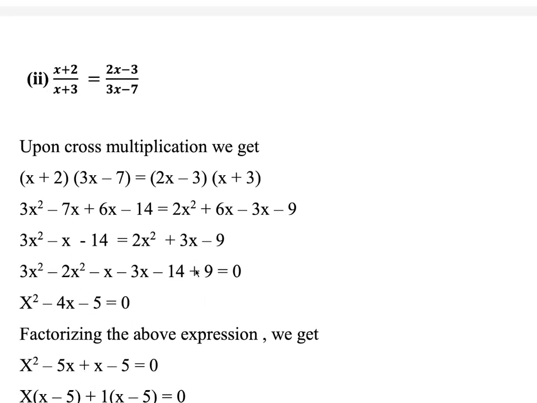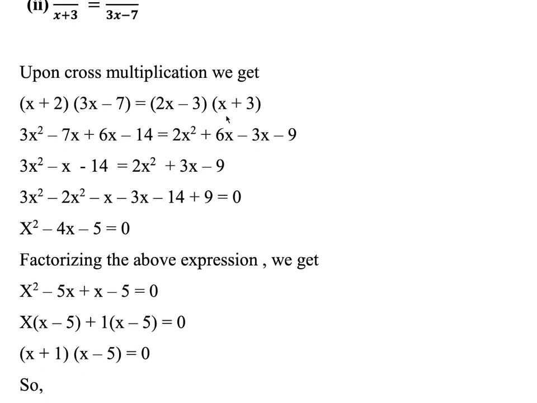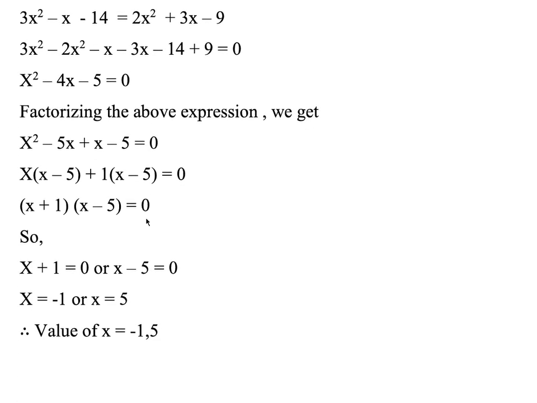Come to the next problem. x plus 2 by x plus 3 is equal to 2x minus 3 divided by 3x minus 7. After that you have to just do the cross multiplication, and you will get this much of figure. A little bit of simplification. After that the middle term factorization.